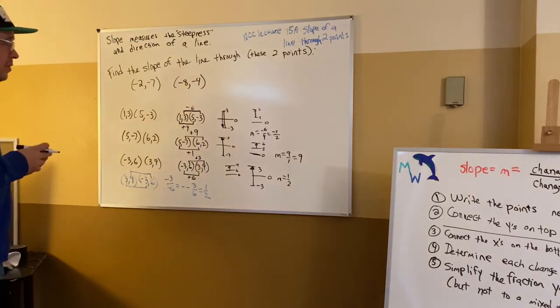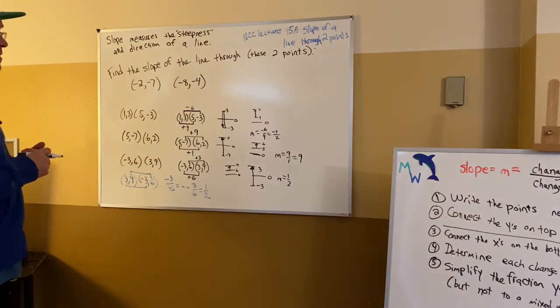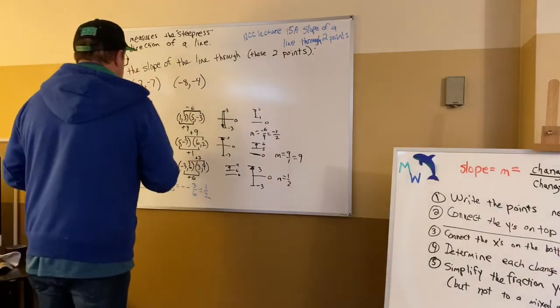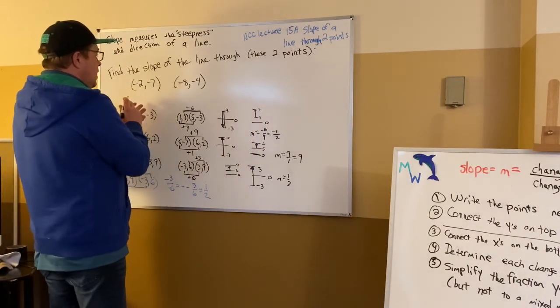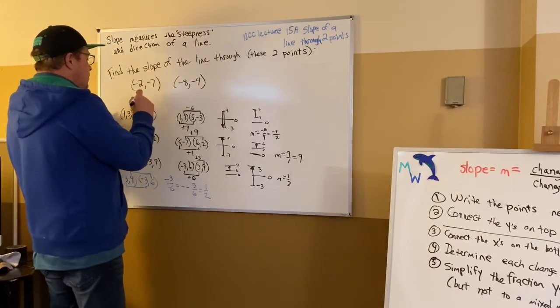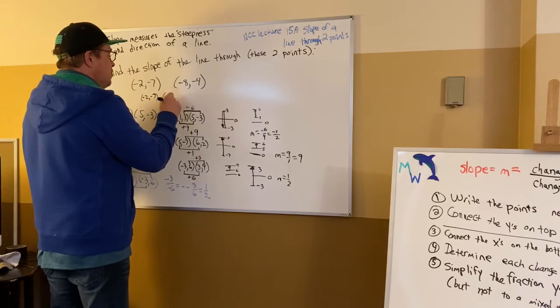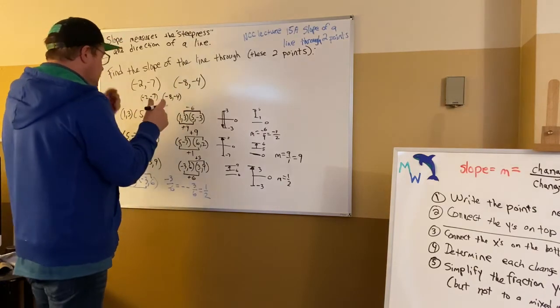Okay? This one's all negatives. That's nasty, especially if I show you a formula, which is a plan coming up in a little while. Here we go. I have (-2, -7) and (-8, -4). So there they are. Visuals might be necessary, especially when you have bunches of negatives.